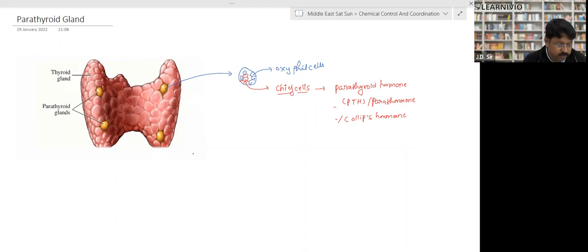Chief cells secrete parathyroid hormone, PTH, or parathormone, which is also known as Collip's hormone, after the name of the discoverer.